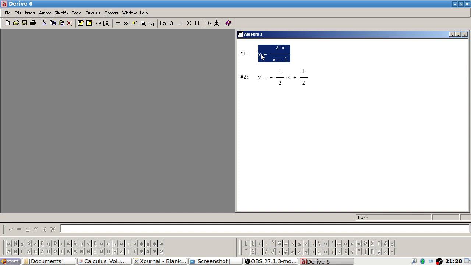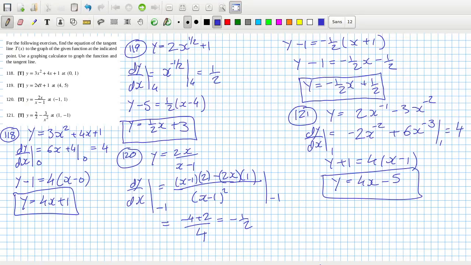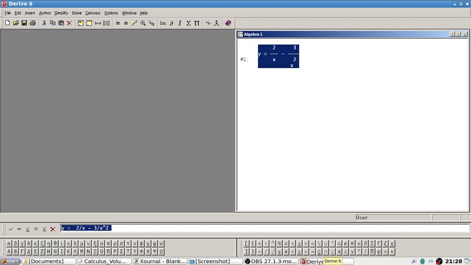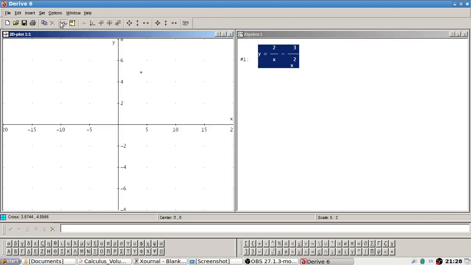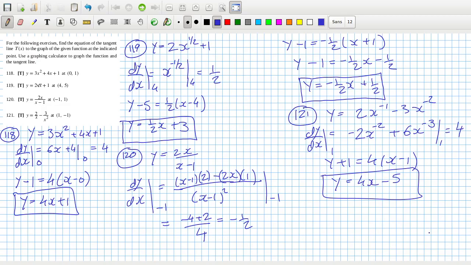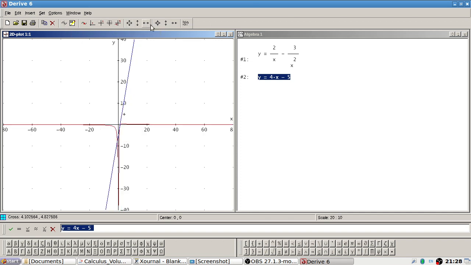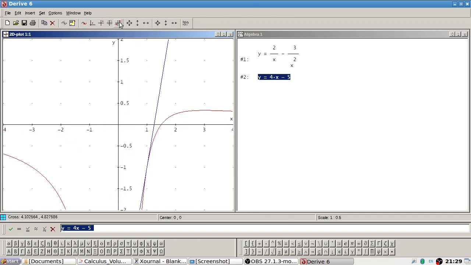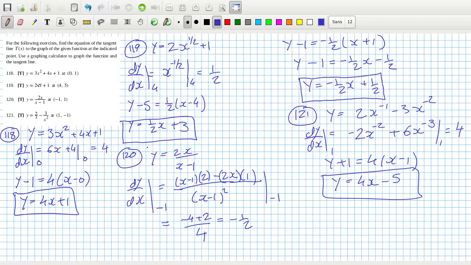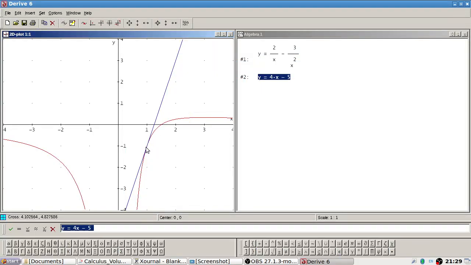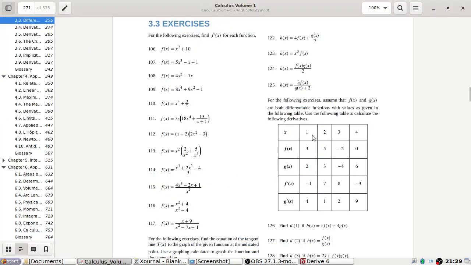Okay, and then the last one now. y equals 2 over x minus 3 over x squared. Okay. And y equals 4x minus 5. Just one tangent line there. Yeah, okay. They look good to me.